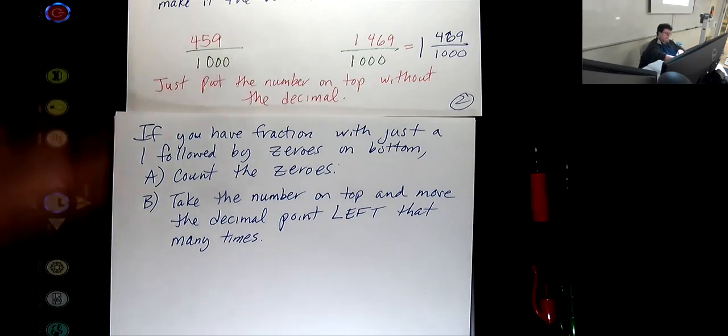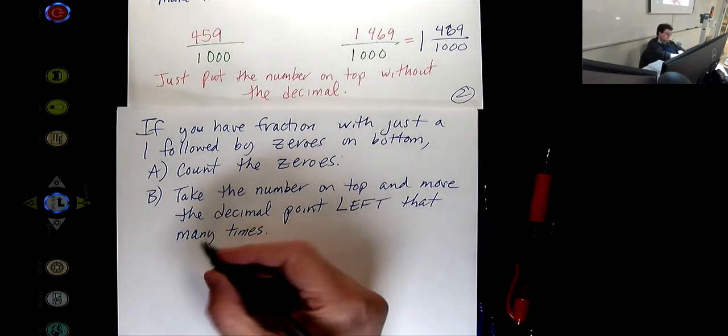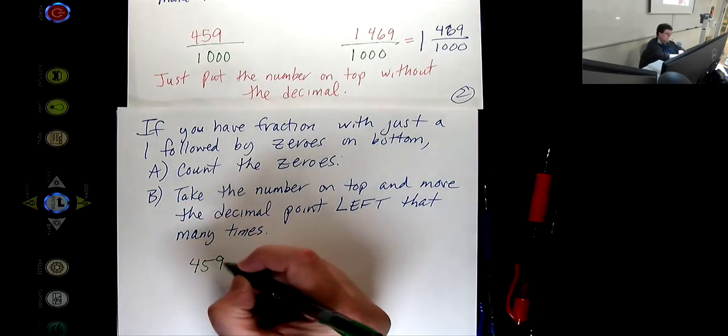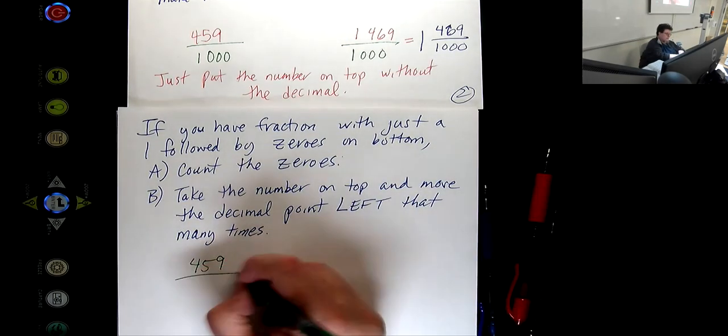So let's do the one we had. Let's do the 459 over 1000. We know what that answer is. I should be able to get back the 0.459 that I started with.